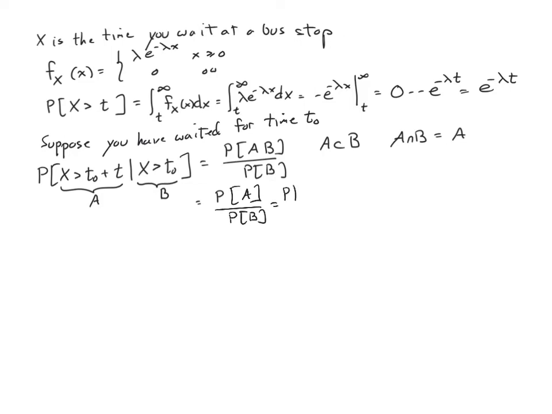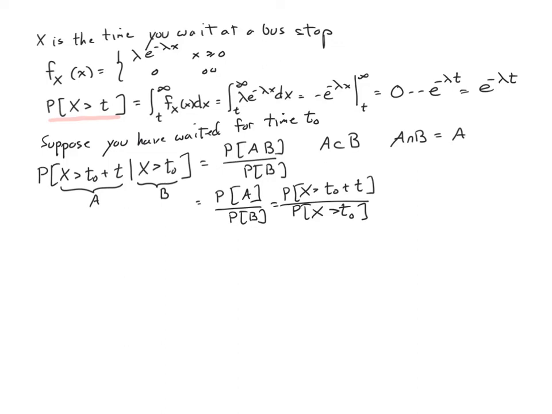And this is the probability that x is greater than t0 plus t, over the probability x is greater than t0. And now we observe that each of these terms in the denominator and in the numerator are variations on the expression here that we found for the probability x is greater than t.